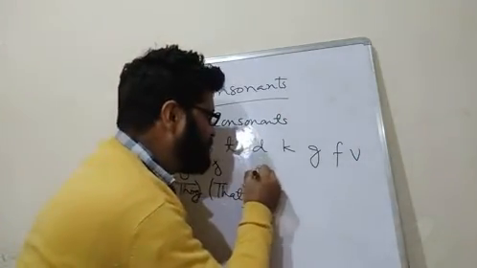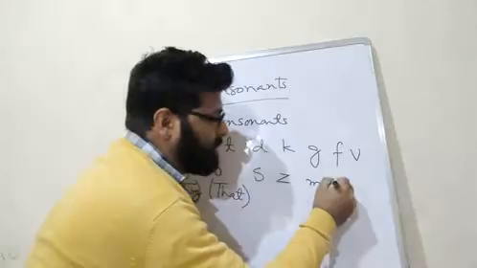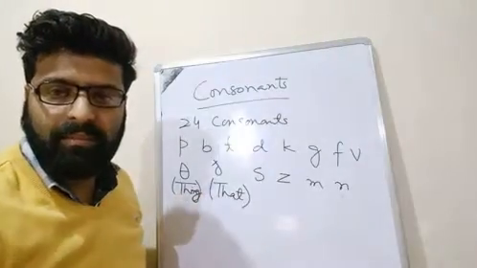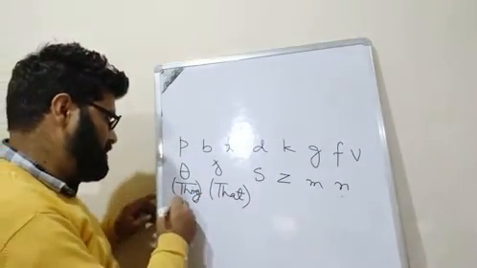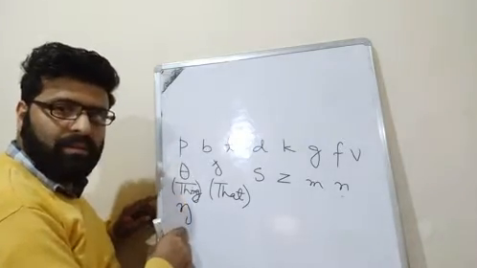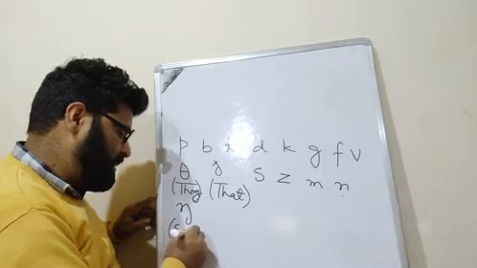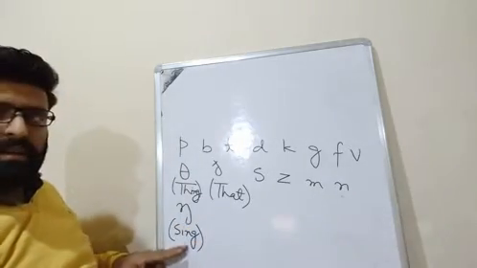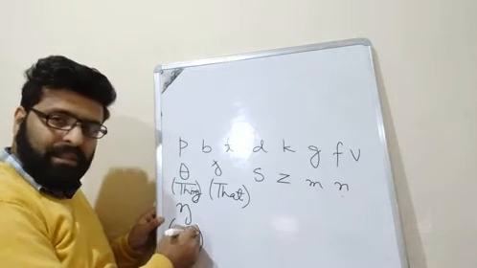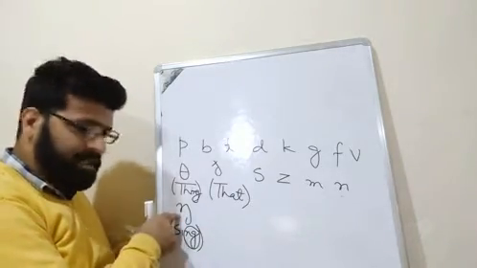Then s, z, m, n. This is ang. This ang, for example, the sound in S-I-N-G, sing. In the word sing, this sound, N and G. In phonetics, the symbol for N and G is this.